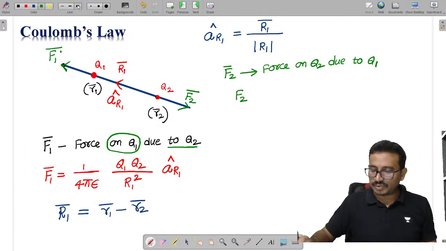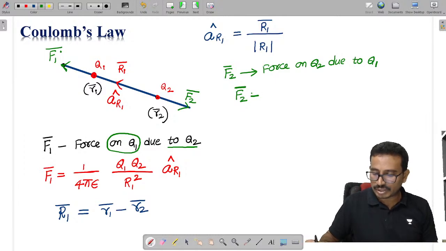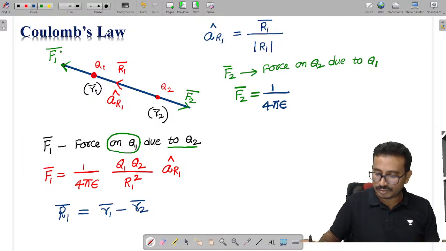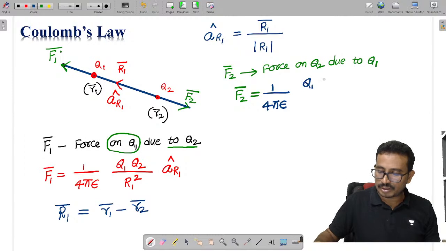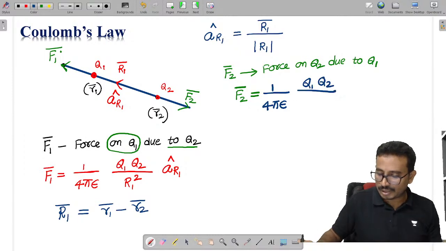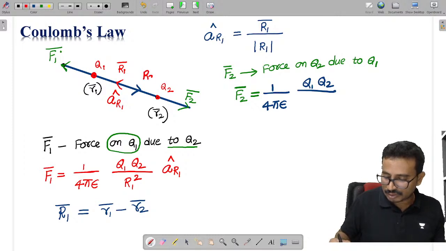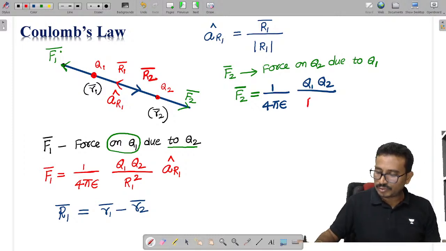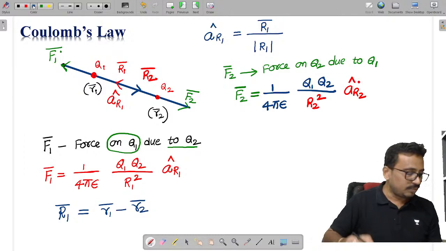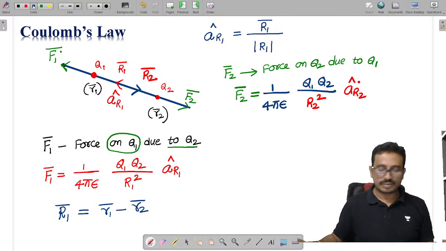Now F2 is the force on Q2 due to Q1, which is given as 1 by 4 pi epsilon into Q1 Q2 by R2 square into AR2 cap, where I am calling the distance R2 bar. What is R2 here?